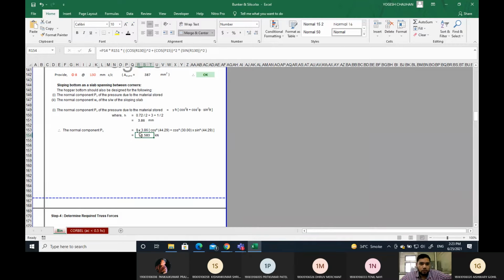Okay, see here this is in degree. You have to convert this into radian, pi by 180 is to be multiplied.